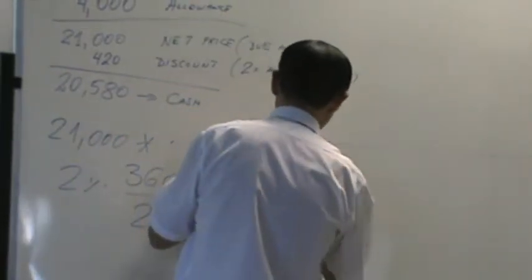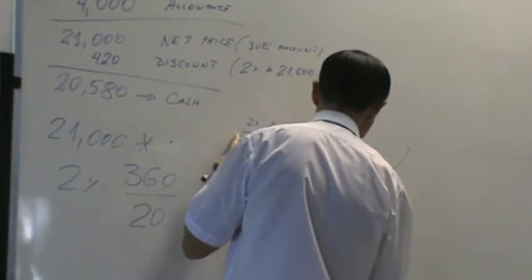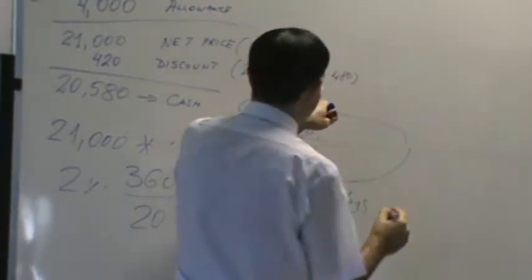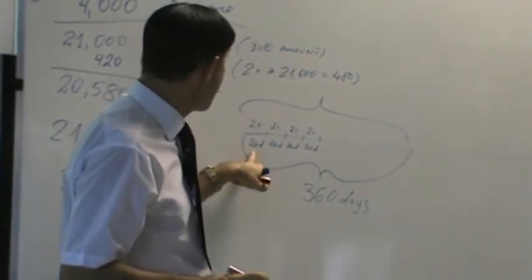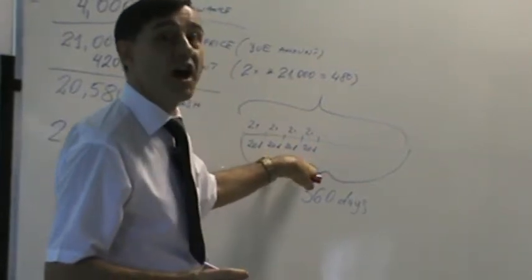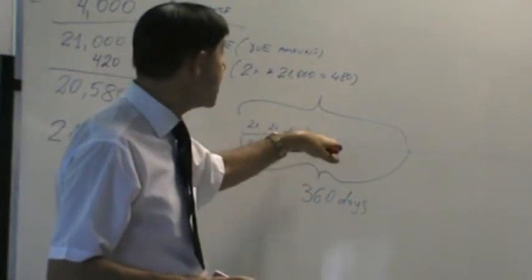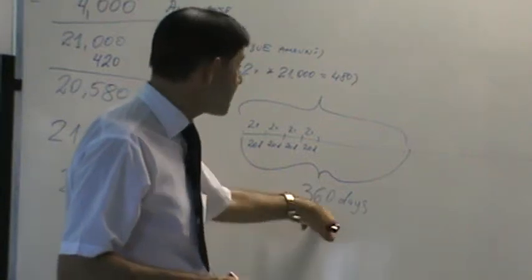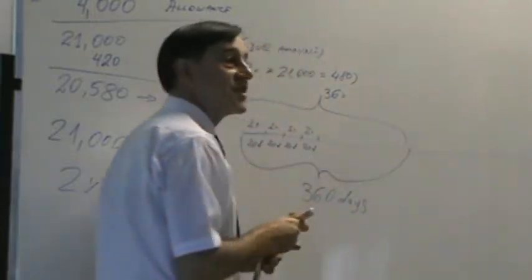So, for a total of 360 days, you're going to pay a total of what percent? 2%, 20 days. 40 days, 4%. 60 days, 6%. 100 days, 10%. 200 days, 20%. 300 days, 30%. 360 days, 36%.